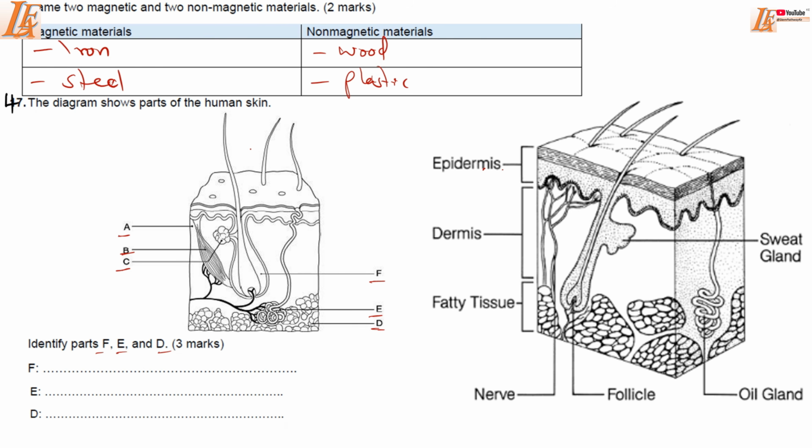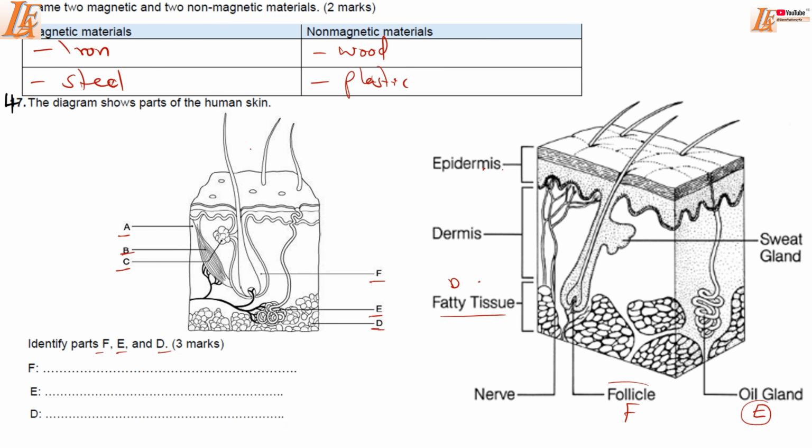The part which is labeled as E is this one here, which we call the oil glands. Then the part labeled F is this one here, which we call the hair follicles. And then the part labeled D is this one here, which we call the fatty tissue.